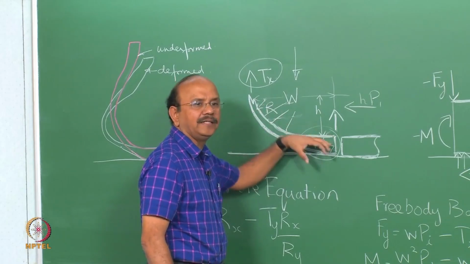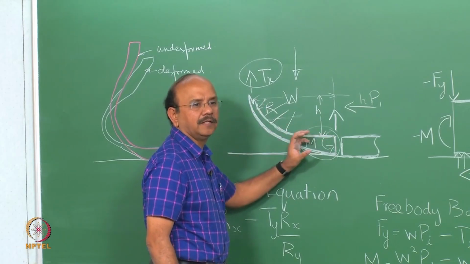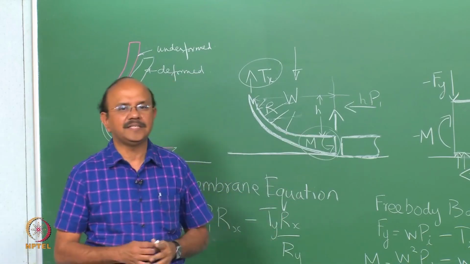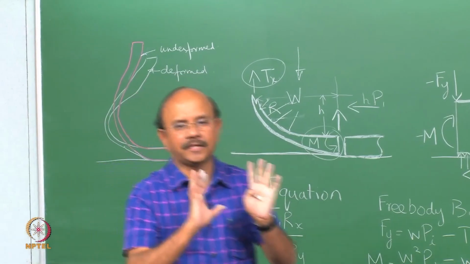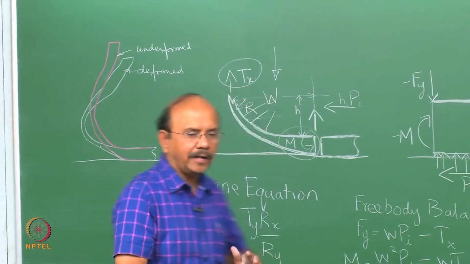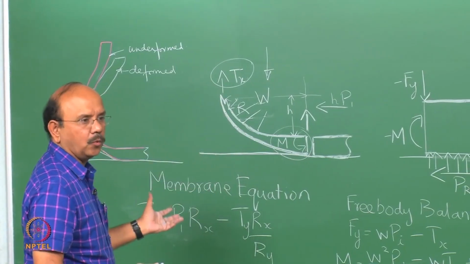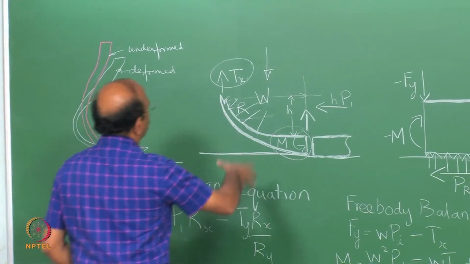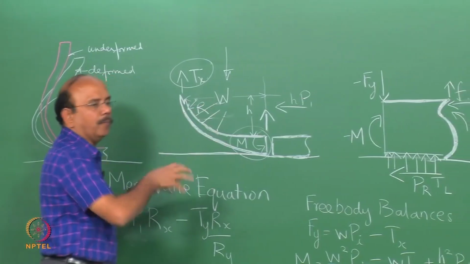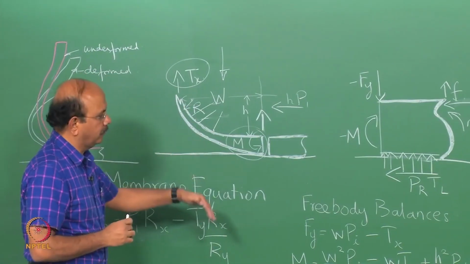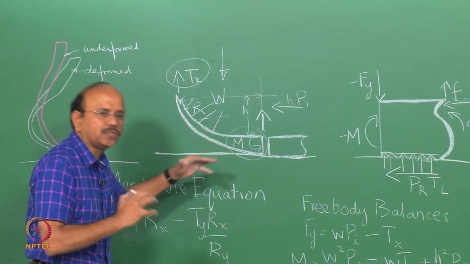There is a bending moment that is created. The bending moment is the sum and substance of all the forces that are acting, one in the positive direction, the other in the negative direction, and so on. Right. So that bending moment, we will look at it closely now.